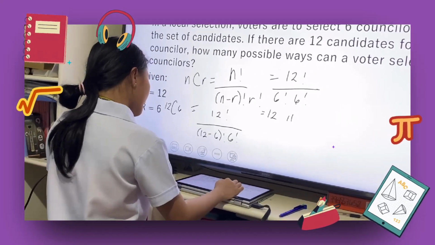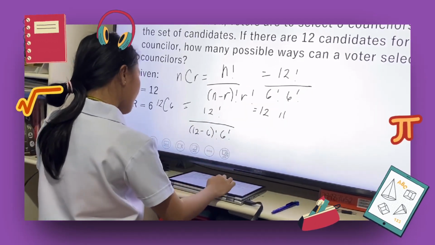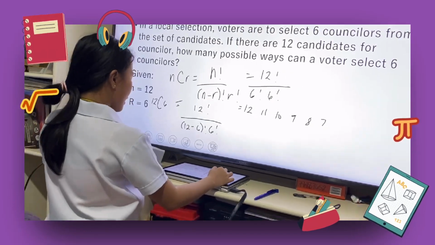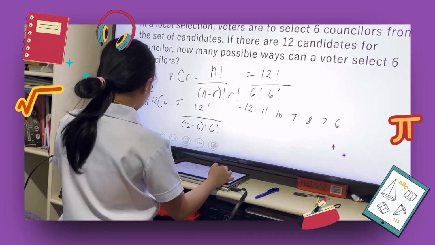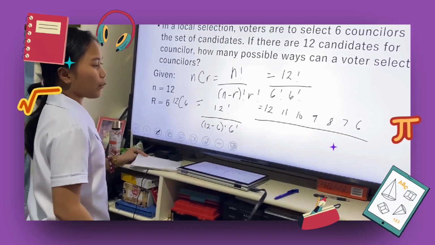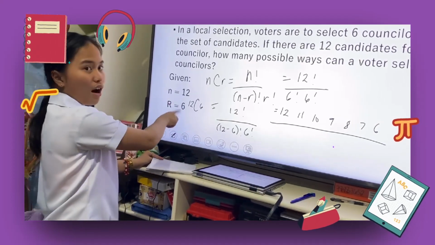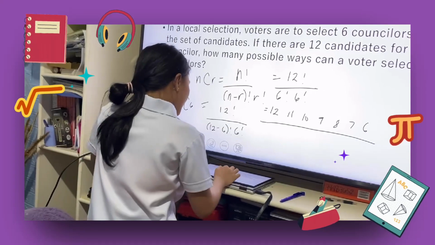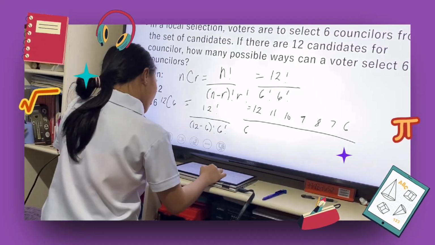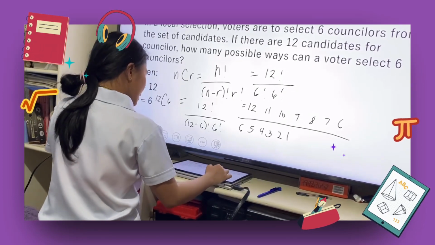So 12 times 11 times 10 times 9 times 8, 7, and 6. Now, again, the reason why we stopped at 6 is because we only have 6 for r. So 6, 5, 4, 3, 2, 1, and 6 right here.